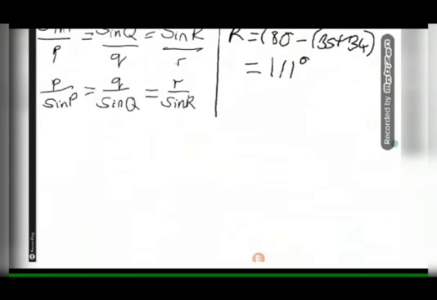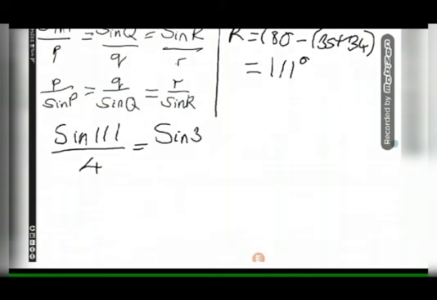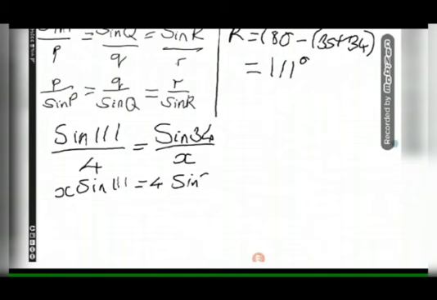Next, we do the same for side RP, which is side q. Our sine 111 over 4 is equal to sine 34 over an unknown value. We repeat the same process, cross multiply, and we divide to remain with x.